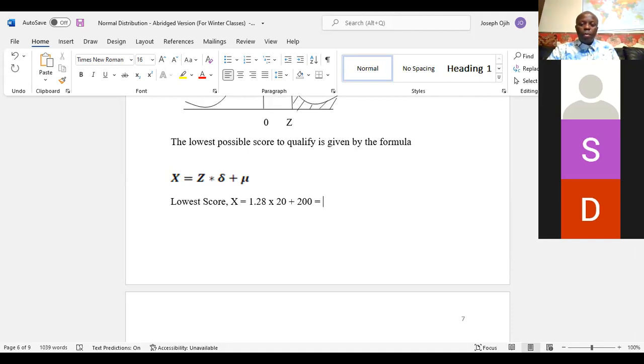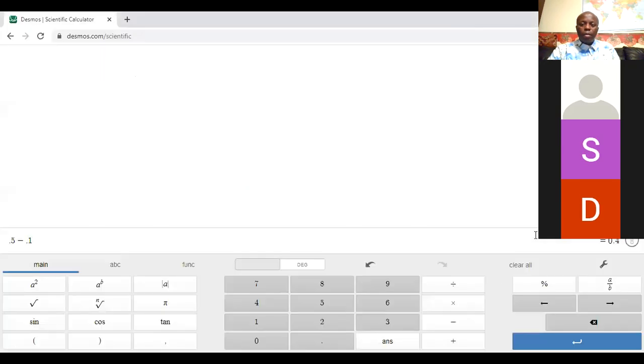Okay, I'll move this. We can see this. Okay, so we have 1.28.